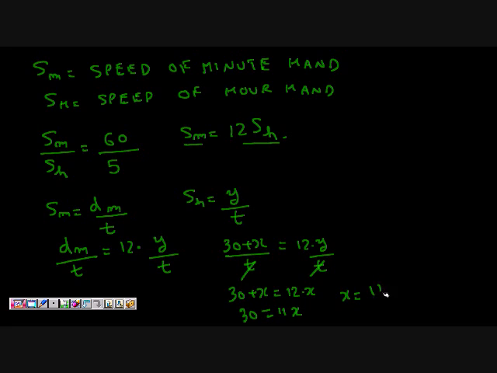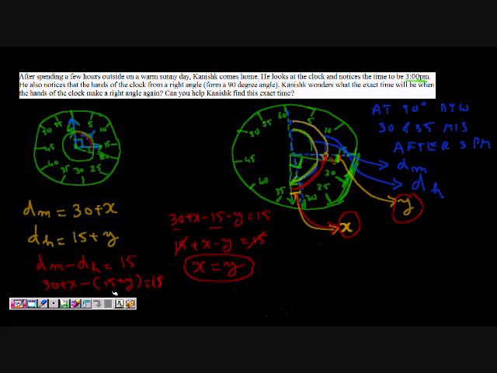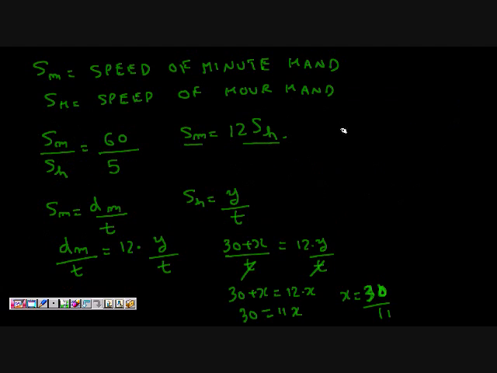Okay, now we know that dm is given as 30 plus x, so distance traveled by the minute hand dm is equal to 30 plus x, and x is 30 by 11, so 30 plus 30 by 11, which is equal to 30 multiplied by 11 plus 30 divided by 11, which is 30 multiplied by 12 divided by 11.